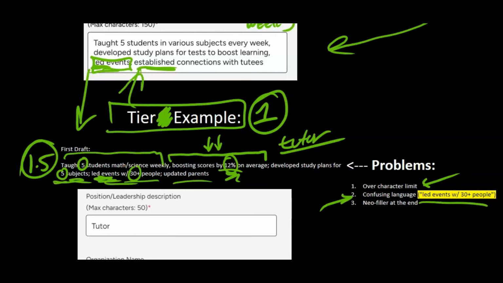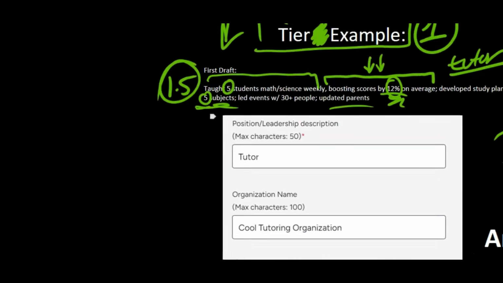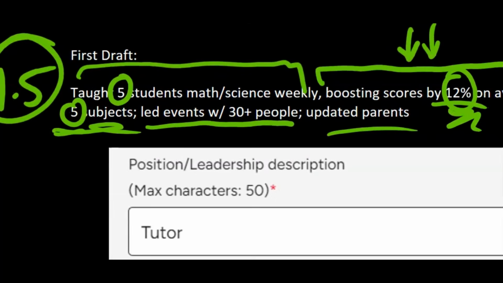Number 2, there's some confusing language, right? Led events with 30 plus people. We all know that what we're trying to convey is that the person we're describing led these events, and that 30 plus people attended. But this phrase now sounds like you led the events concurrently alongside 30 plus people, like 30 plus people were helping you lead the event.